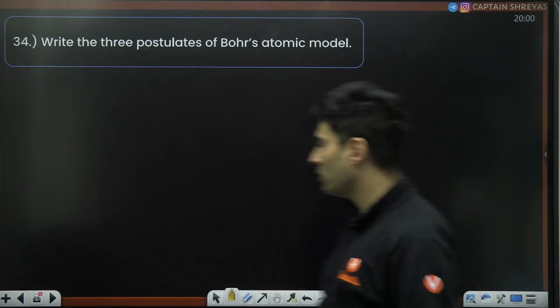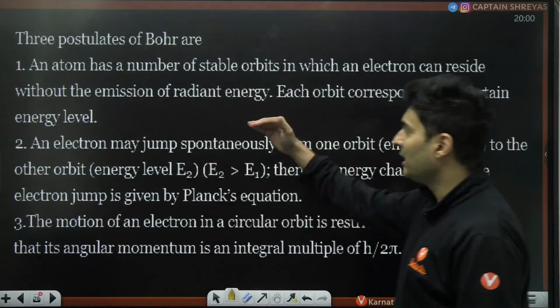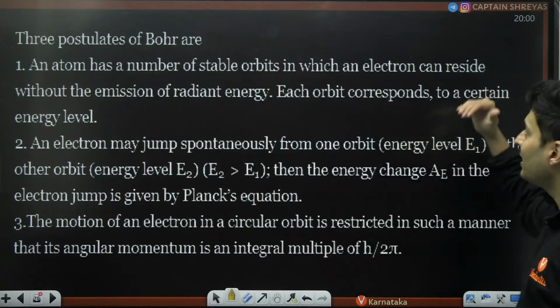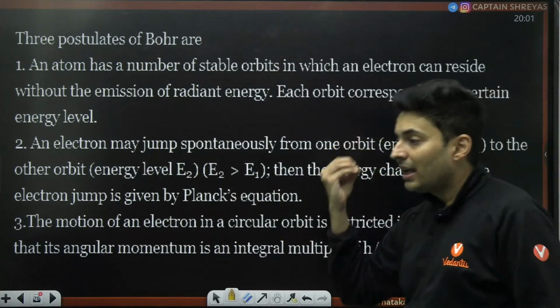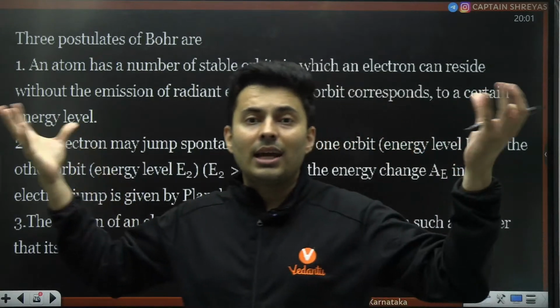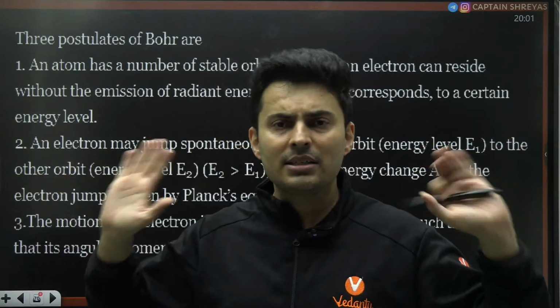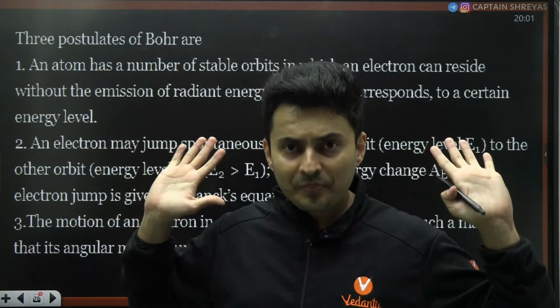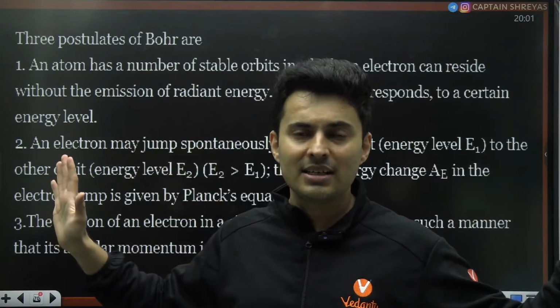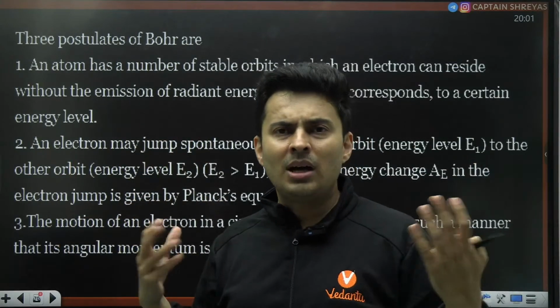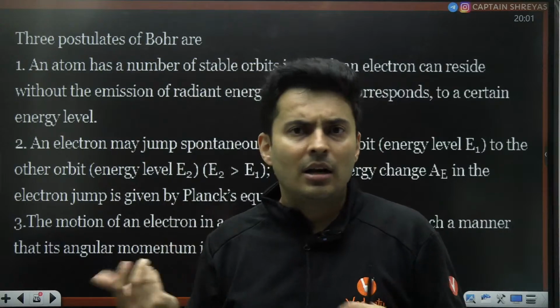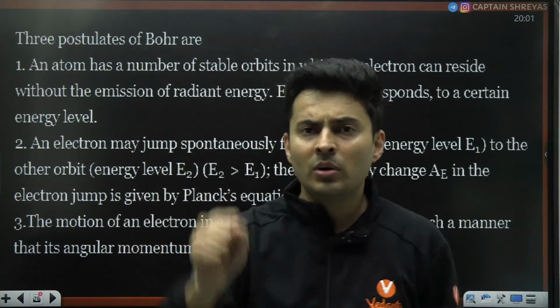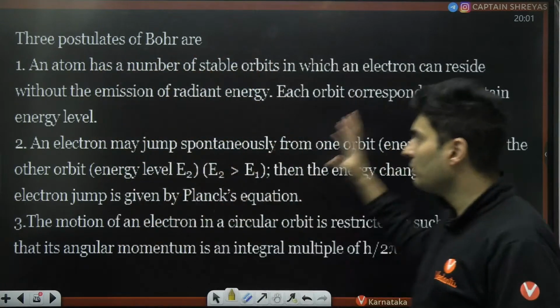Then what are those postulates? You can write: an atom has stable orbits in which the electron can reside without emitting or accepting any energy. It can just stay calm. It will not lose any energy, nor will it randomly take energy from random things. It will just be stable in those orbits.